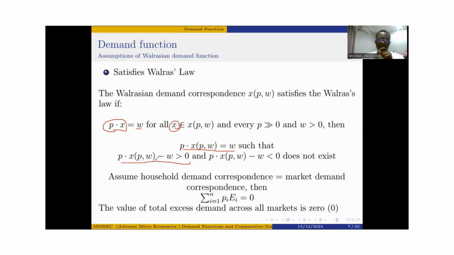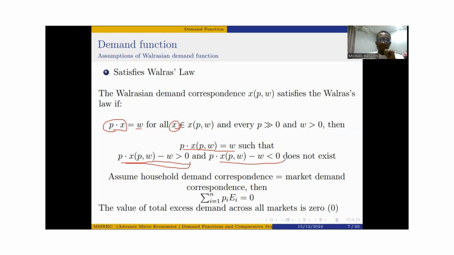And if we're saying that the consumer does not have excess demand, we are considering it at the point that it could either be a positive or a negative situation. So in either case, we don't want to see a positive excess demand, nor a negative excess demand. Are we good?